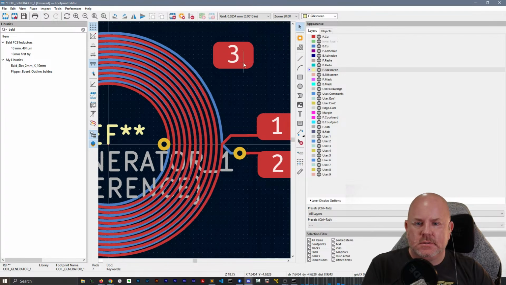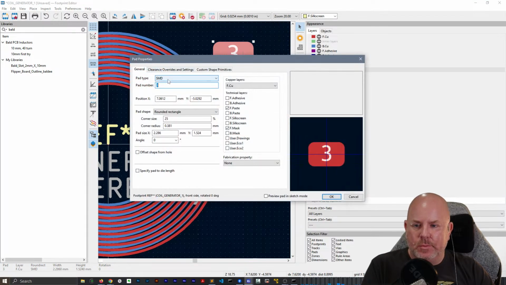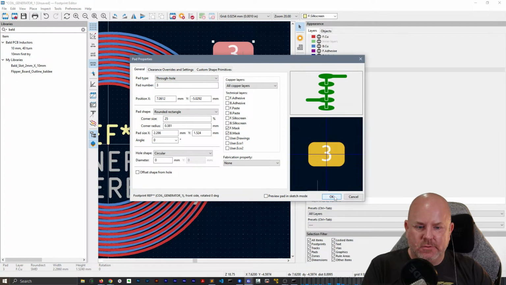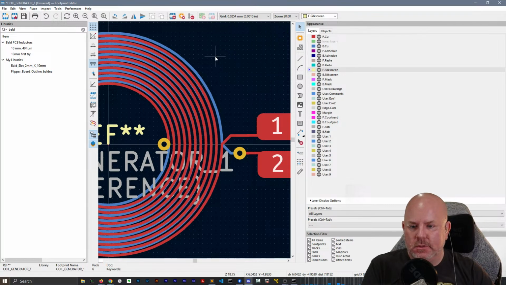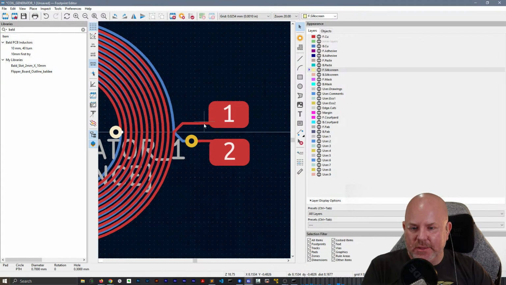But they don't have a pad number. So I guess my question is, what would this be called? A plated through hole. So maybe they just didn't give these numbers. But then why would they have these come out to here?